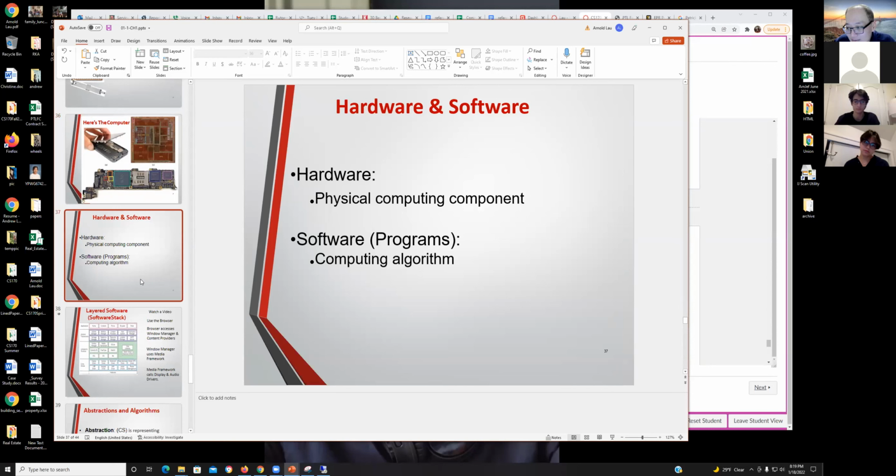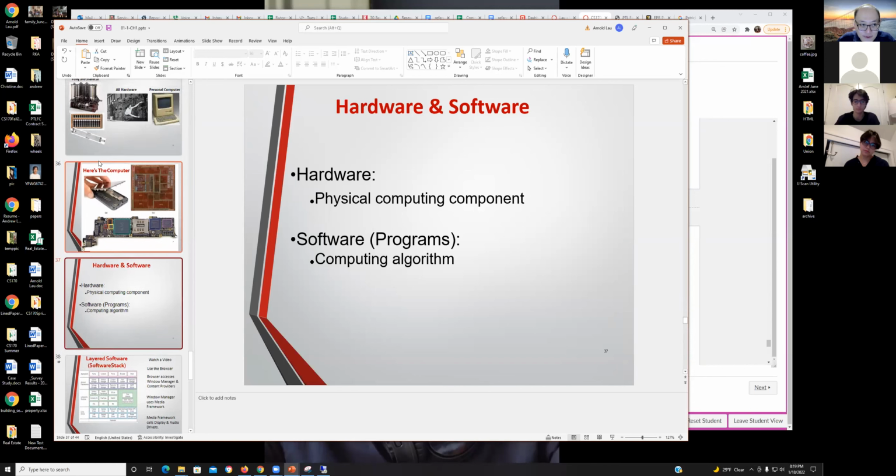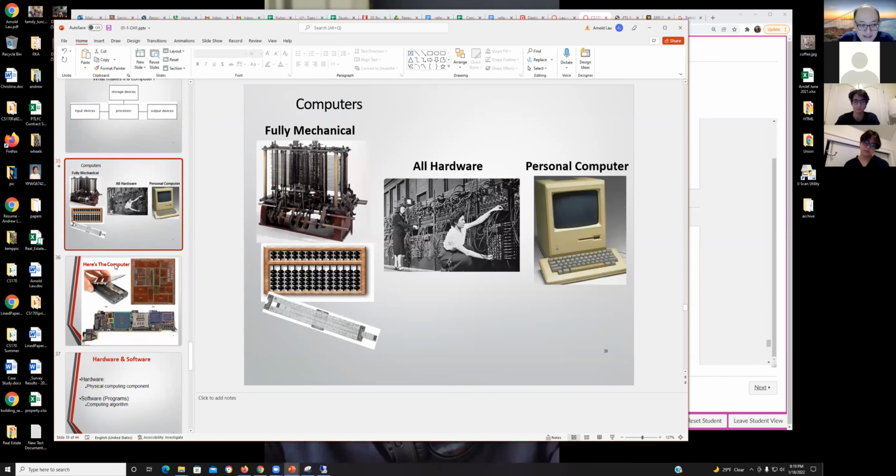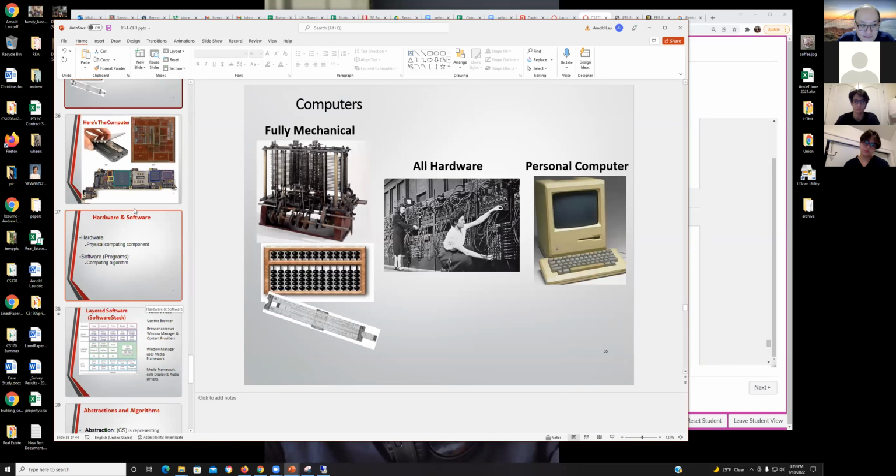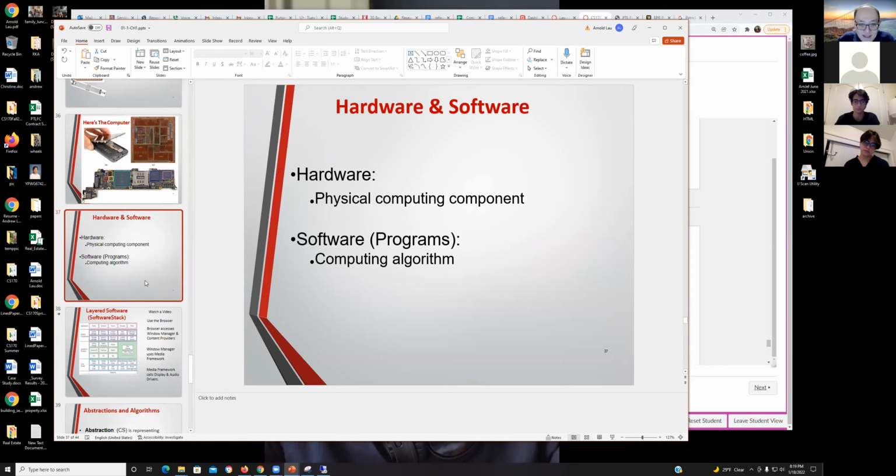Okay. Physical computing is just the hardware like we showed you back here. So that's the physical side of things. And then you have the computing or the software side of things, right? Those are the programs that we write to tell that hardware to do something useful that you care about.